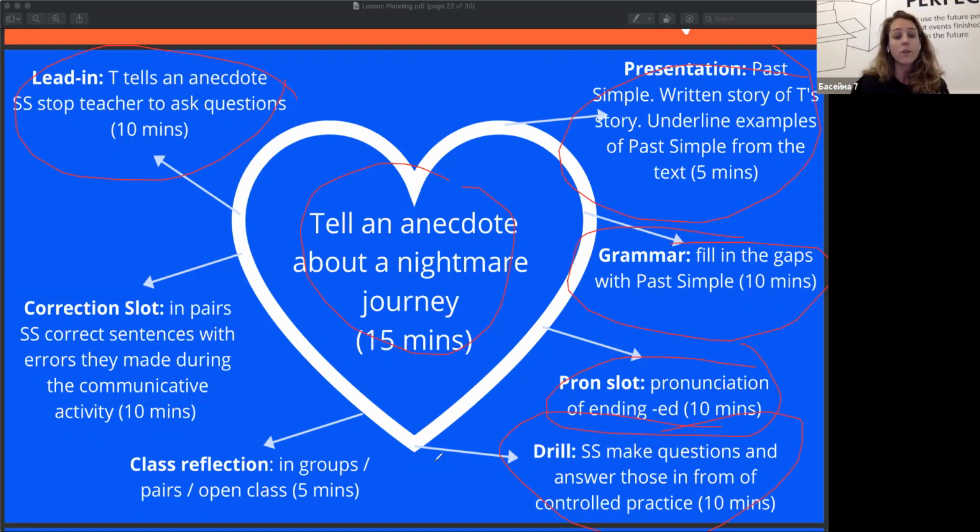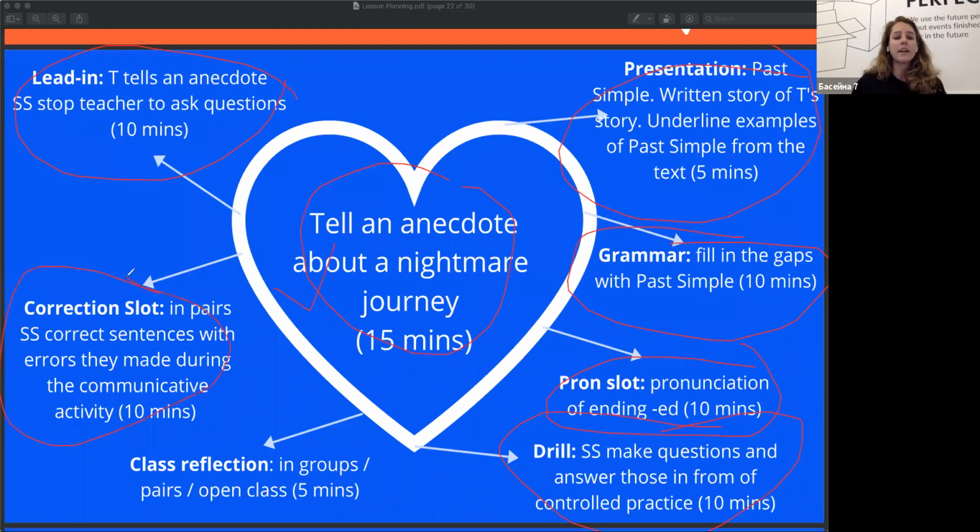So that is the drill of all of the language. Having done that, we've got our main communicative activity, telling the anecdote. Students can work in groups or in pairs, and they are actually using all this knowledge about past simple, about ending ed, having heard the model from me, now they are able to perform this activity on their own.